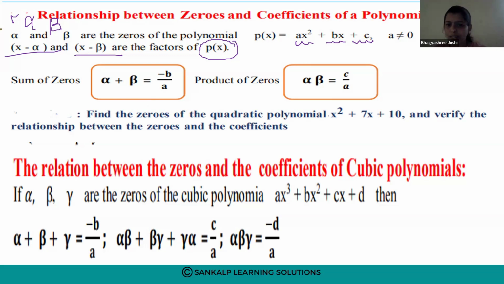Find the zeros of the quadratic polynomial x square plus 7x plus 10 ಅಂತ ಇದೆ. ಇದನ್ನೇ ಎಕ್ಸಾಂಪಲ್ ತಗೊಳ್ಳೋಣ. Find the factors of this polynomial. X square plus 7x plus 10. So I want to find the factors of this quadratic polynomial. First check whether it is a quadratic polynomial. How to check?